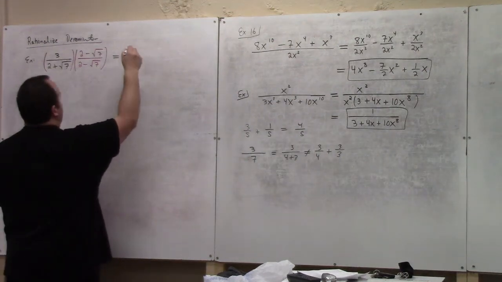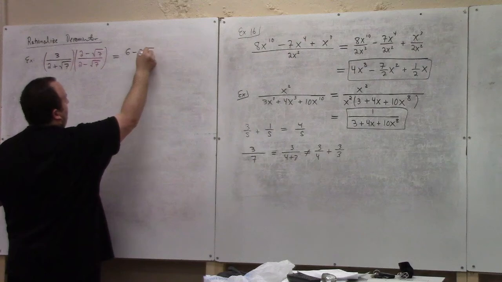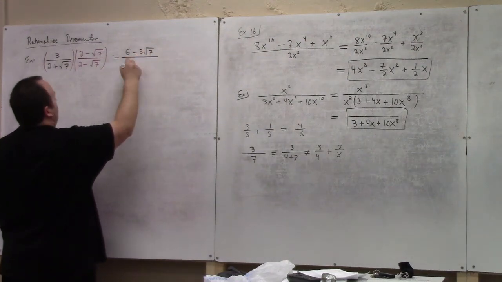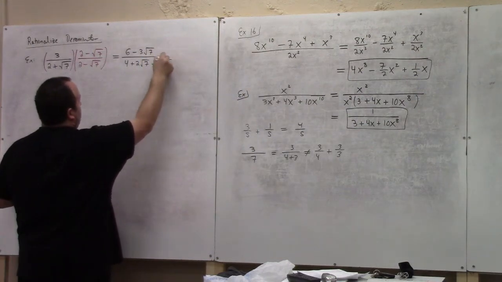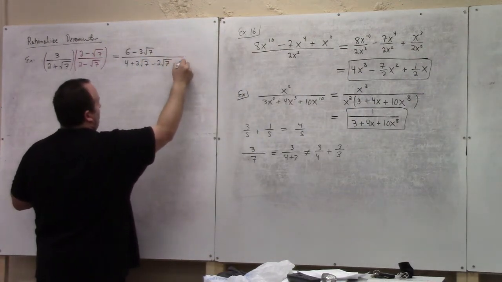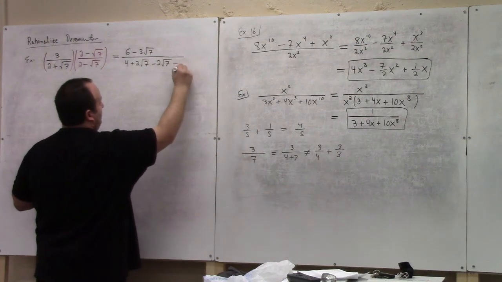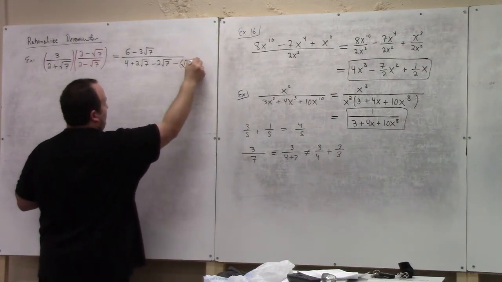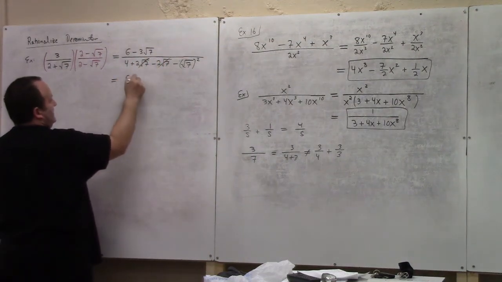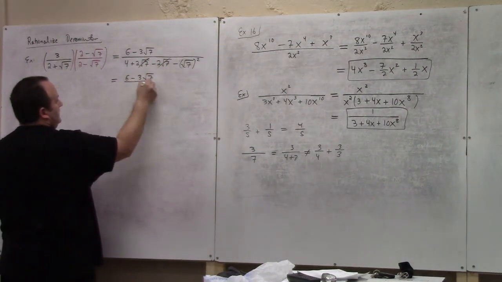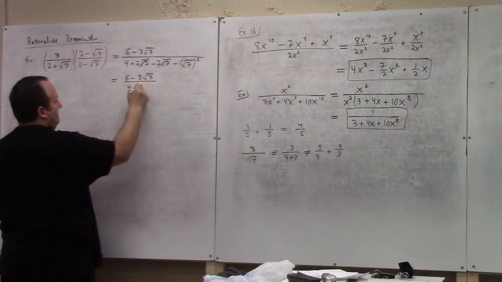So I get 6 minus 3 root 7. Downstairs, I've got a 4 plus 2 root 7 minus 2 root 7, so the root 7's cancel. And I have minus the square root of 7 squared, right? Which of course is just 7 again. So we've got 6 minus 3 root 7 divided by 4 minus 7.